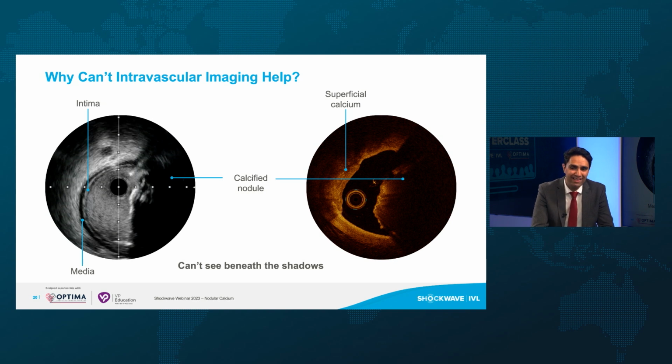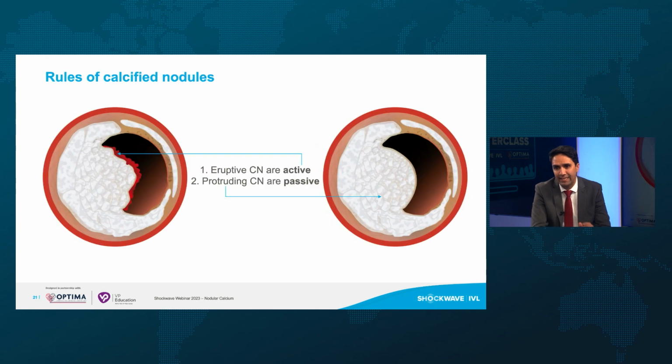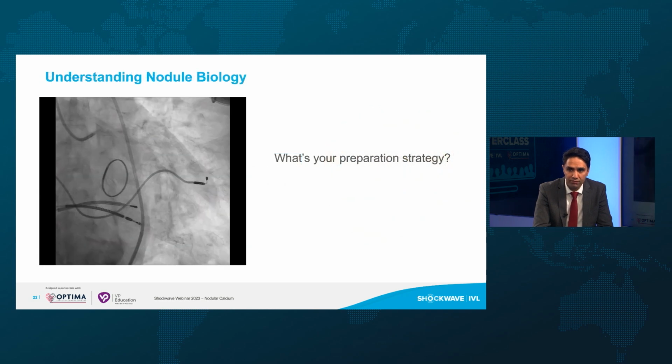And on OCT, the calcium is often so thick or on a lipid base that leads to signal attenuation and we can't see. So here's the rules of calcified nodules. You should consider eruptive calcified nodules are active, aka being associated to acute coronary syndromes, and protruding calcified nodules are passive. They've been there a while, they're obstructive, and usually lead to stable coronary syndromes.